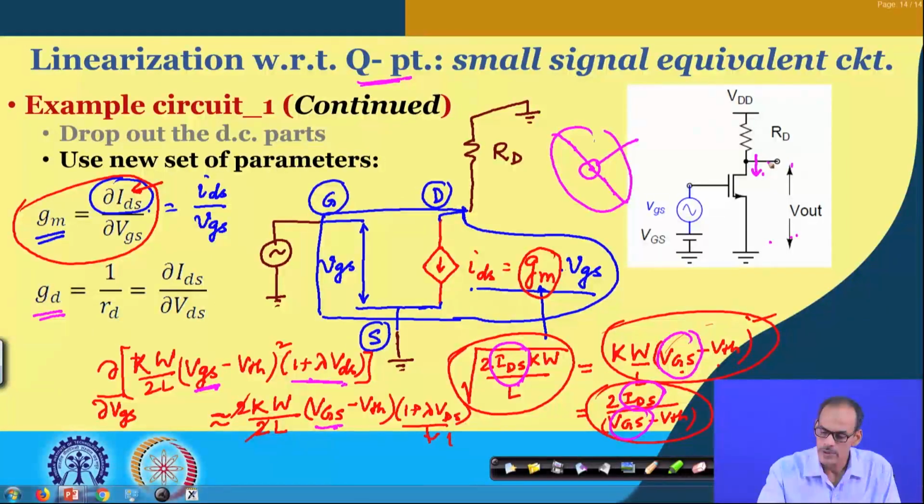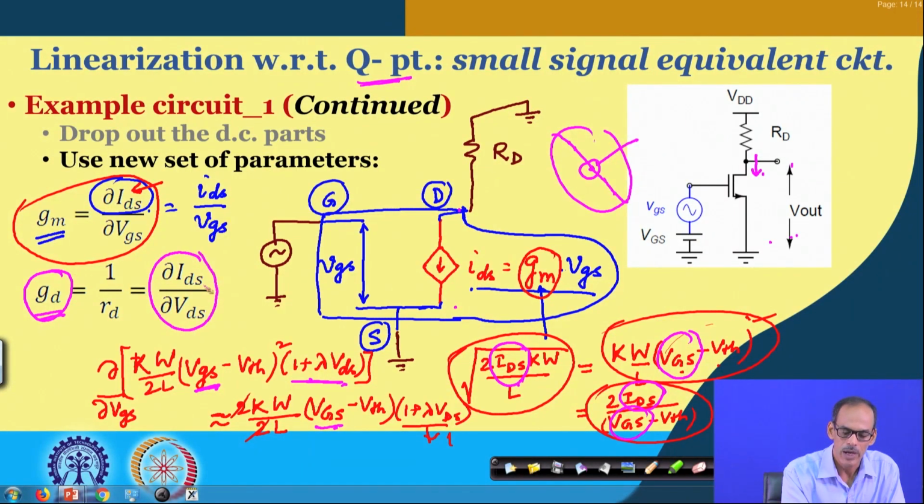We may get one conducting element from drain to source, and that conducting element is nothing but the output conductance or drain conductance. Its definition, again, is the partial derivative of IDS, but with respect to VDS.